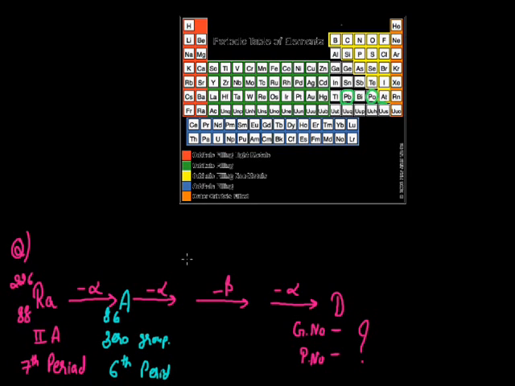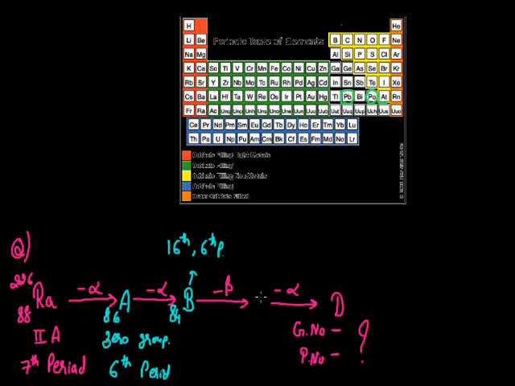Similarly, if I move forward, this A element is going to emit one alpha particle, and by that emission, consider that it is converted into a nucleus B. Now the atomic number of this element B will be 84, and it will be placed again 2 positions leftwards in the periodic table. So the group number for this element will be 16th, because the initial one was in group 18, and the period will be the same, 6th period.